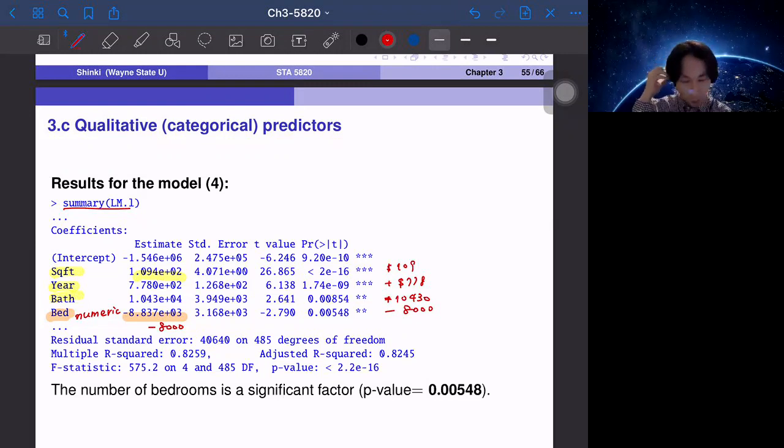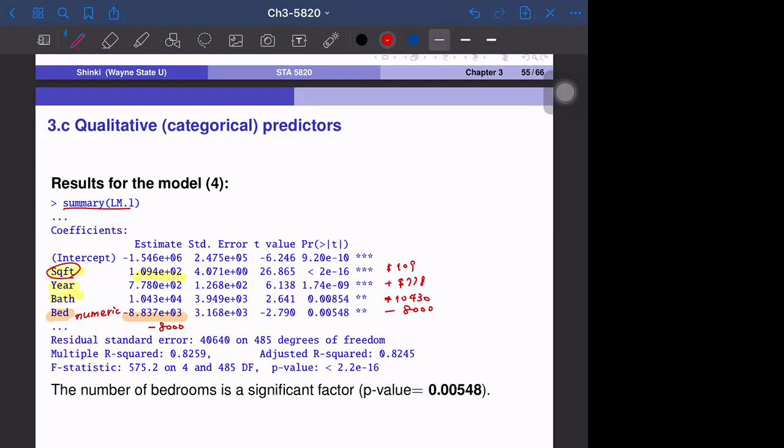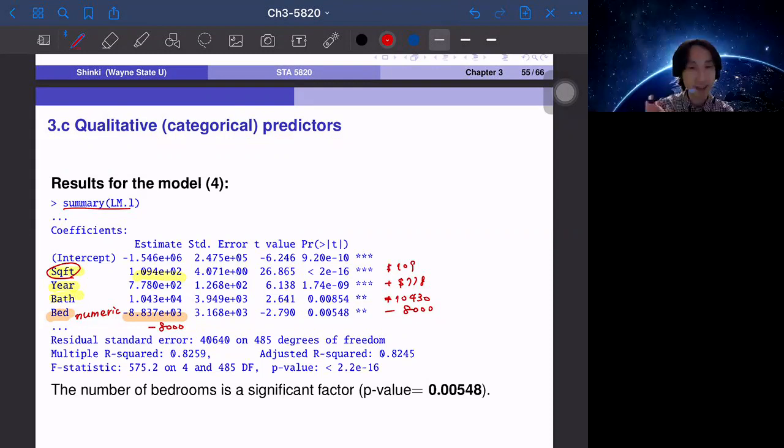So the point is that the square footage is already included. So the size of the house has already been adjusted. And still, adding a bathroom costs a lot more. So that means we have a positive value for the number of bathrooms.